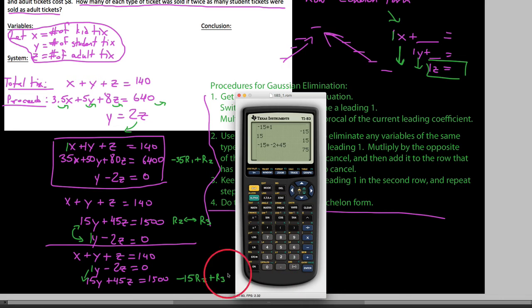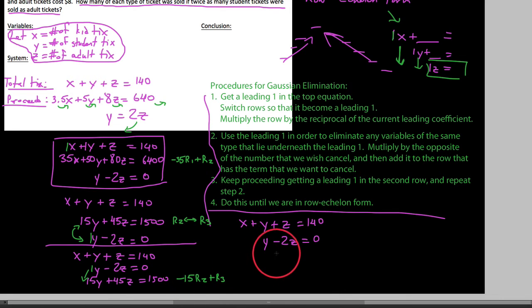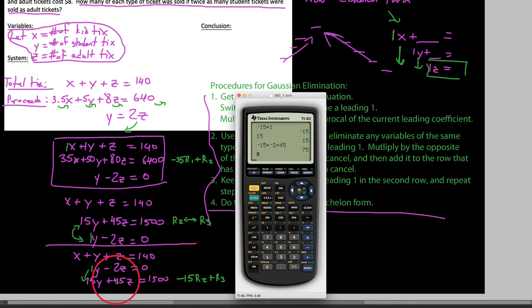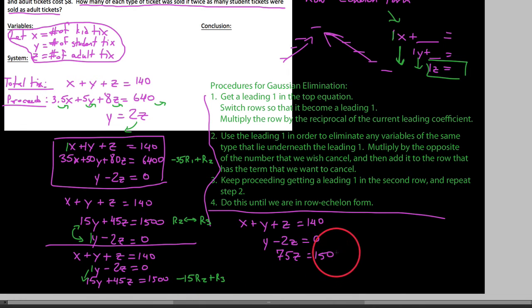We would get 75 here, so I would get 75 z's. Okay, and that's when we take negative 2 times a negative 15 and add it to 45, I get 75. And the negative 15 times 0, I'm going to get 0 there, but I'm going to add that to 1500, which 0 plus anything is itself, so we get 1500. So my new equation becomes this.